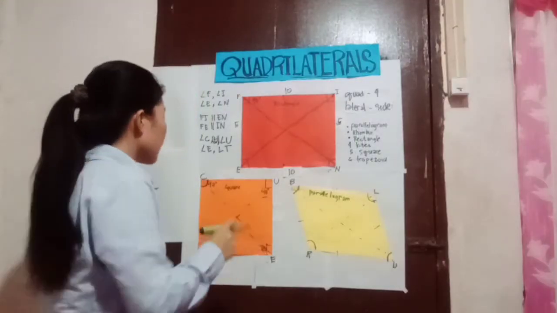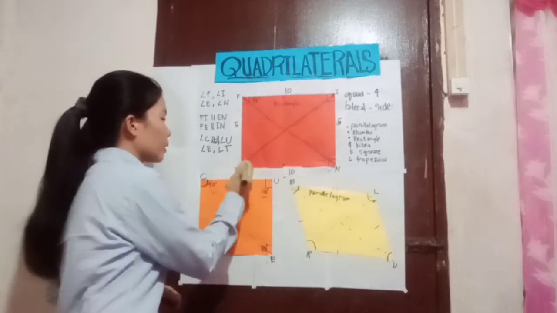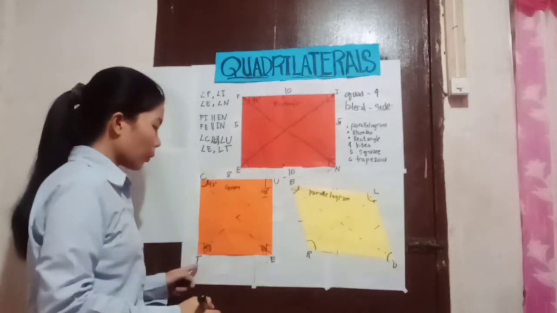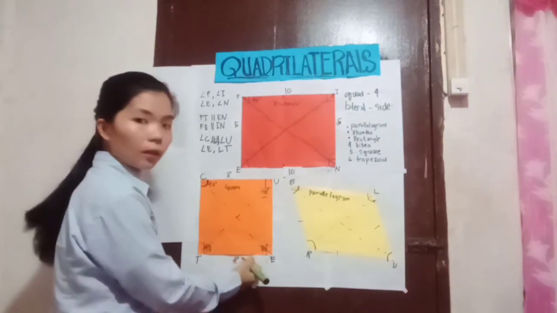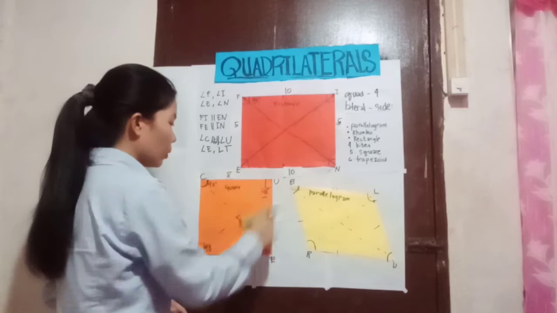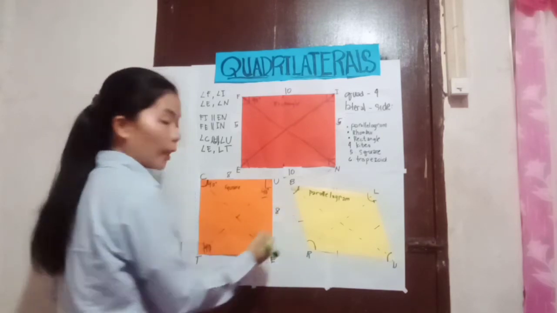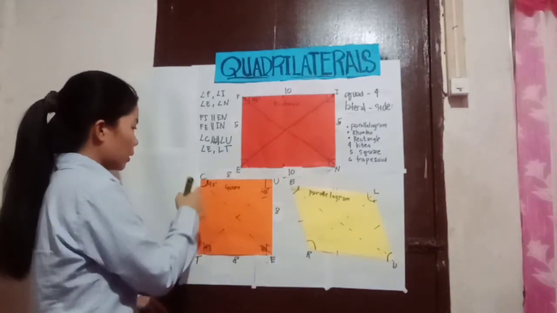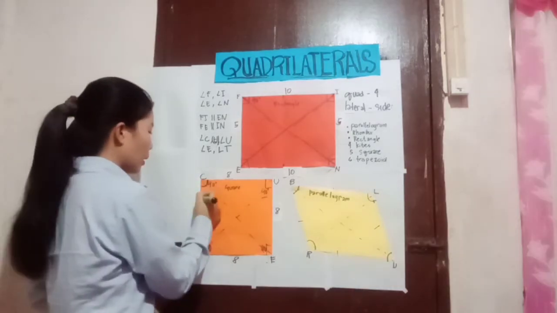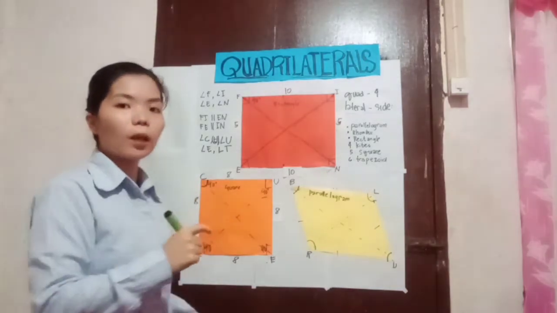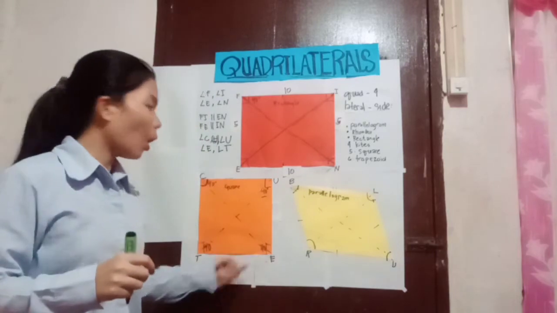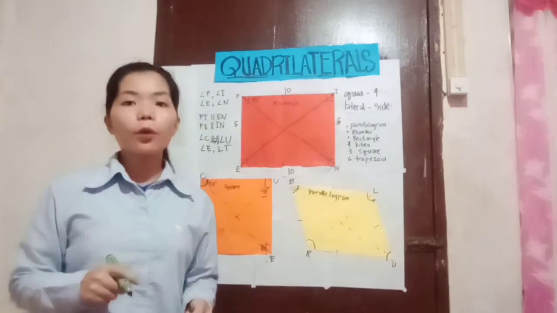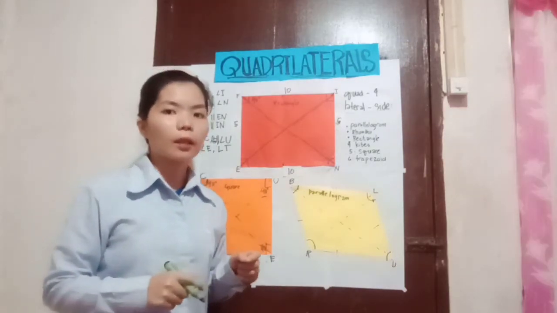Number 2 property of a square, all sides are equal and parallel to each other.